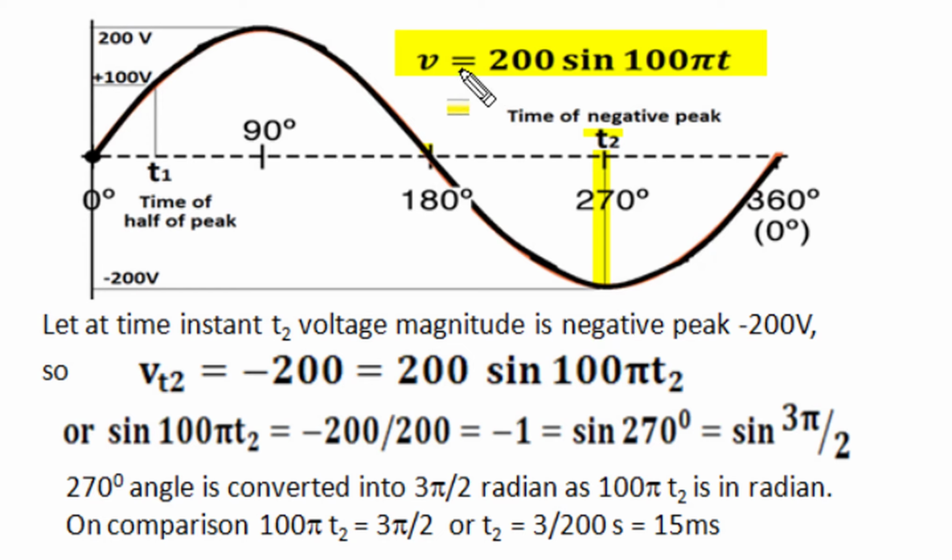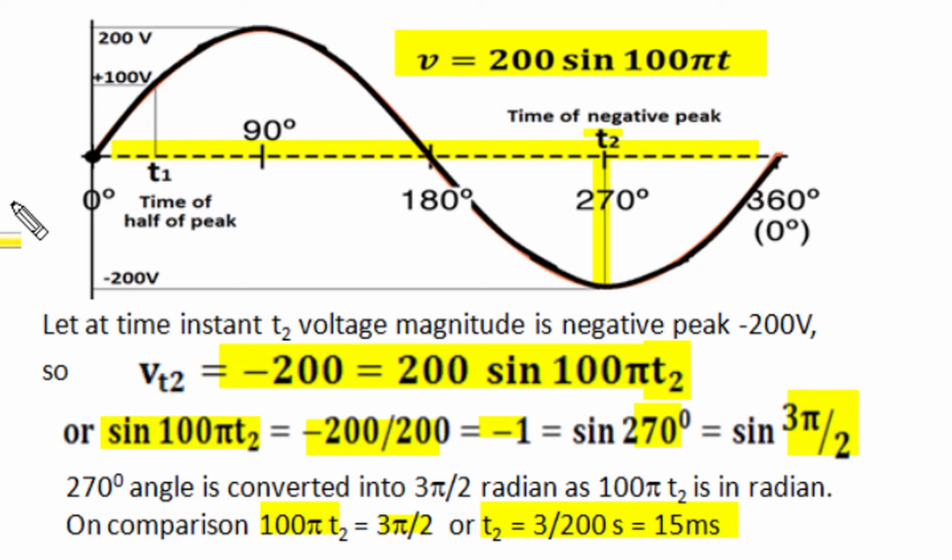So in this the instantaneous magnitude V is equal to minus 200 volt, and time can be taken as t2, and when we solve this mathematical equation, sin 100 pi t2 comes as minus 200 by 200 or -1, and this -1 corresponds to 270 degree, and in the radian system 270 degrees is 3 pi by 2 radian, and we can compare the argument 100 pi t2 in radian unit as 3 pi by 2, and this calculation gives us the result t2 equal to 15 millisecond, and that's also true. The complete cycle has a time period of 20 millisecond, and 3/4 of the cycle will have 15 millisecond time duration.